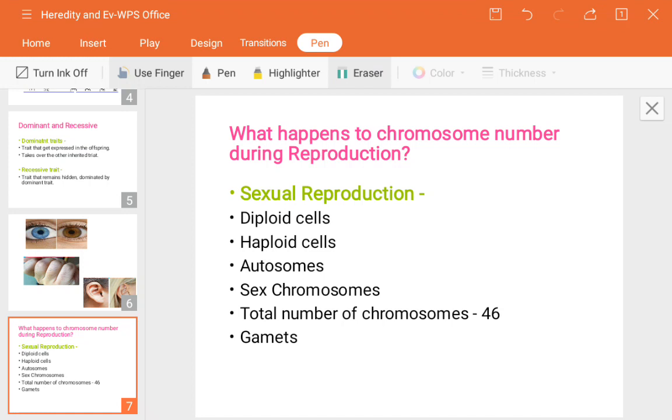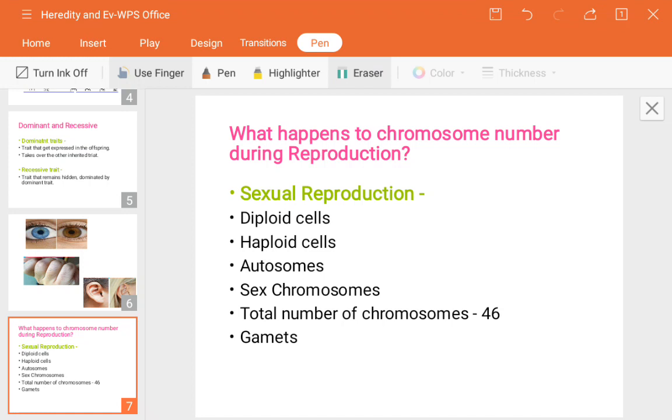That is called haploid, a single set. Whether from father or mother, it will be 23 chromosomes. But diploid will be two complete sets, that means 23 and 23. From the father and mother the same thing gets transferred, so the total number of chromosomes becomes 46.